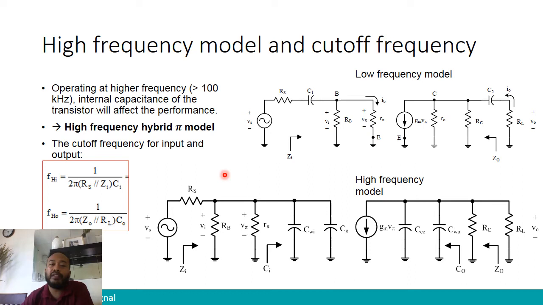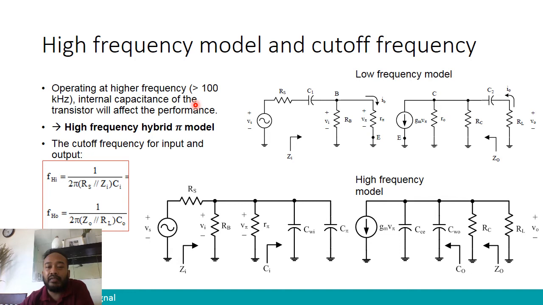So if you have a signal to amplify that is less than 100 kilohertz, then to analyze it, we can use the model that we have used just now. But if you are treating a signal larger than 100 kilohertz, what we call higher frequency, this is not a signal in power electronics. It's more a signal for a purely electronics circuit.